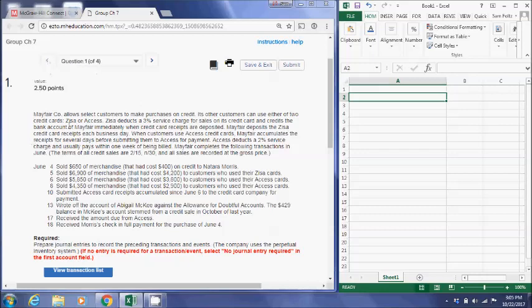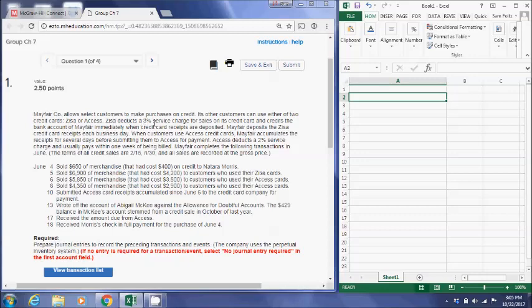So we're talking about Mayfair Company, and they allow customers to make purchases on credit. That simply means that we are extending credit directly to customers, and we're going to have a subsidiary ledger for each customer in our accounts receivable. Mayfair also allows customers to use either of two types of credit cards, Visa cards or Access cards.